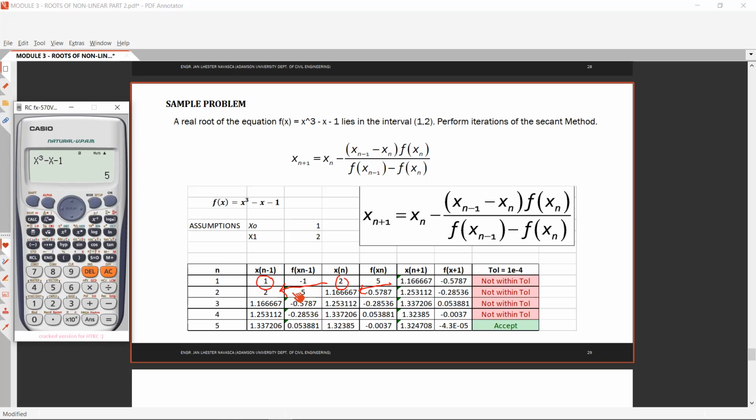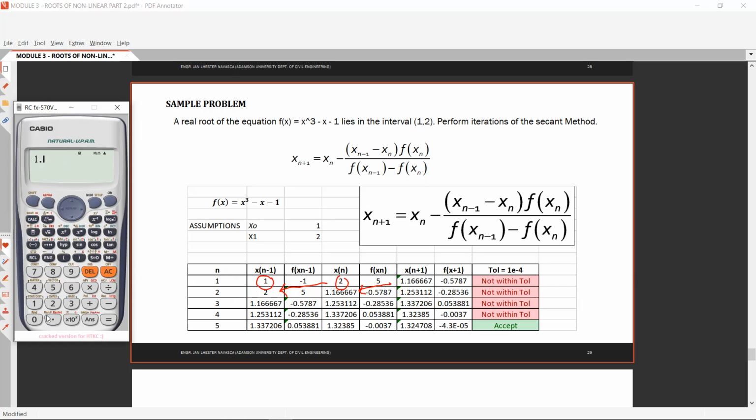Syempre, 5. Okay. And solve again for n equals 1.1667. Okay. Ito. Okay. So, gagawin mo lang, syempre, solve again for the x sub n plus 1, given itong apat na values. Okay.